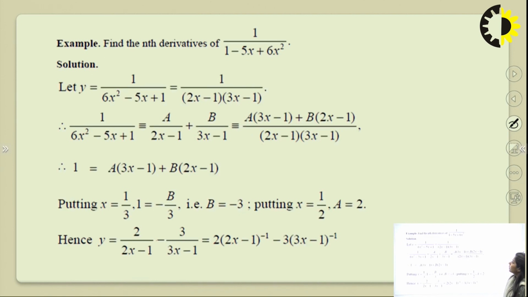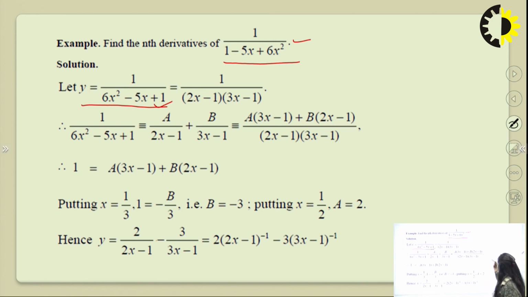Now next, here is an example of the nth derivative. This function is given, and firstly we will assume this function equal to y, and we can see that this function is not a standard function. So firstly we will convert this function into a standard function.